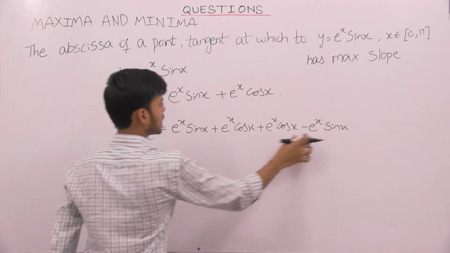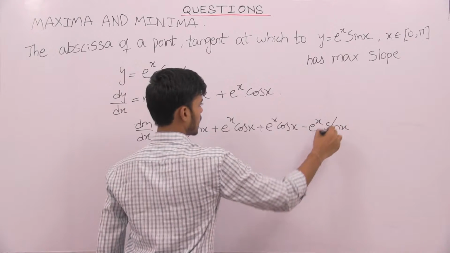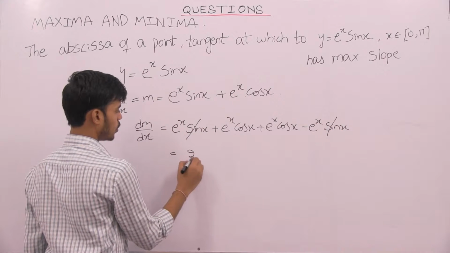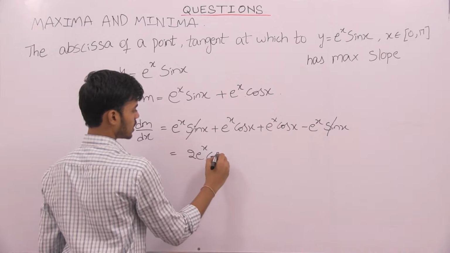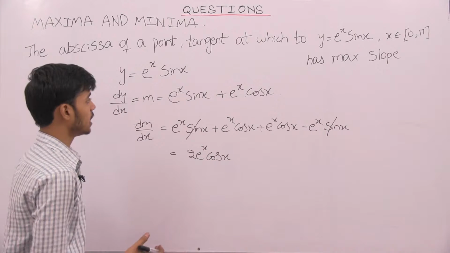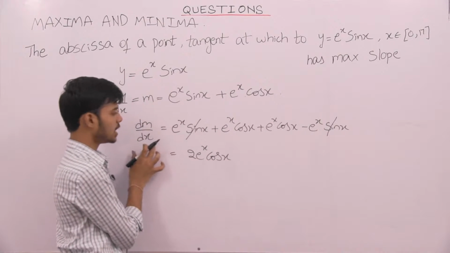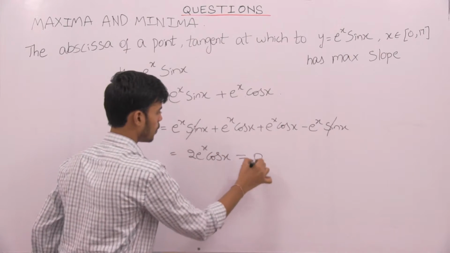Hence e power x sin x and e power x sin x get cancelled and we have 2 e power x cos x. As I said, if the slope is maximum, then the first derivative of the slope should be equal to 0.